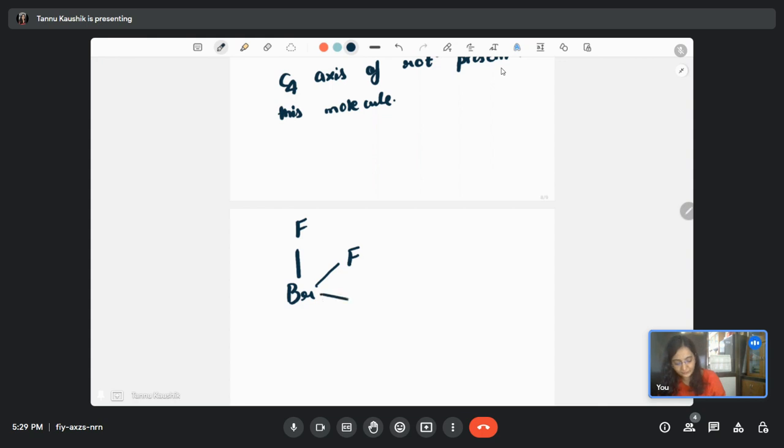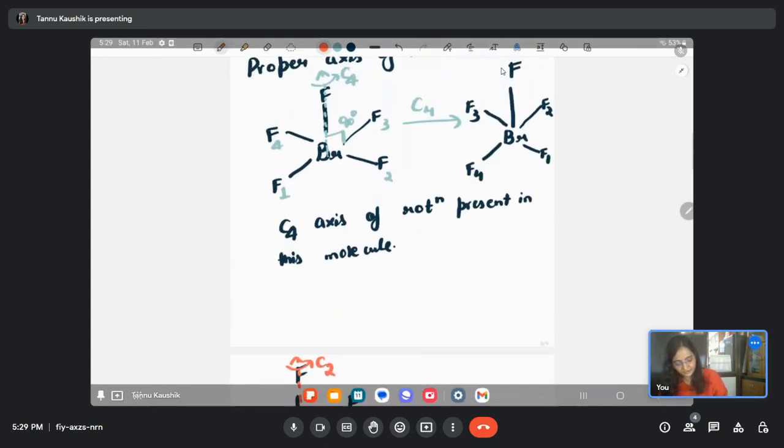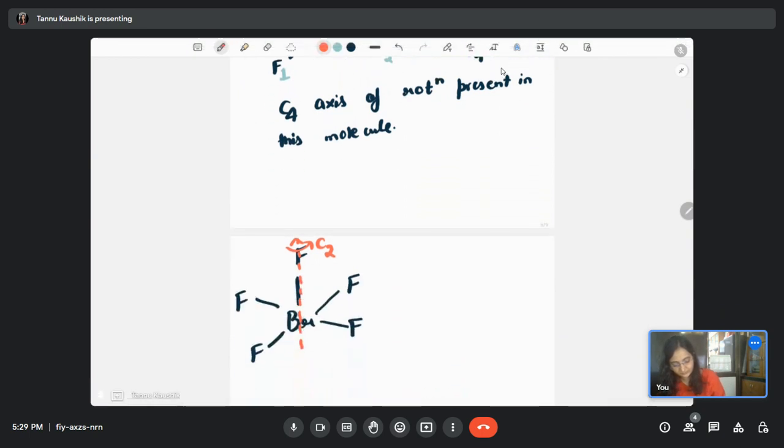And what are the other axes of rotation present here? We also have a C2 axis of rotation, collinear with this fourfold axis of rotation.